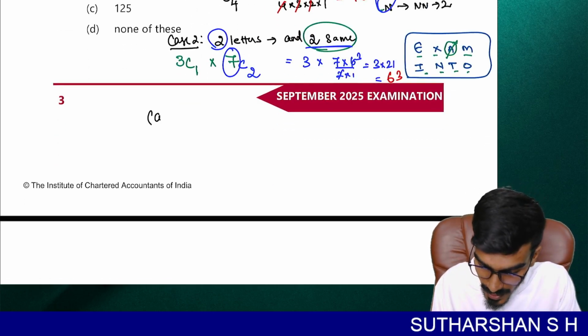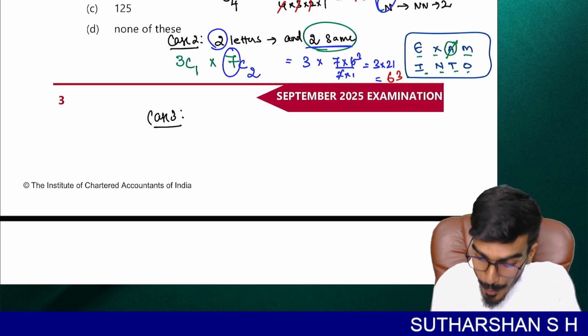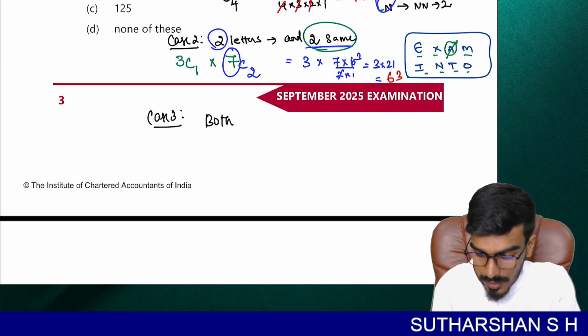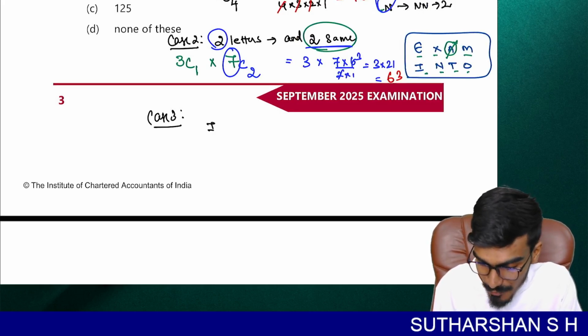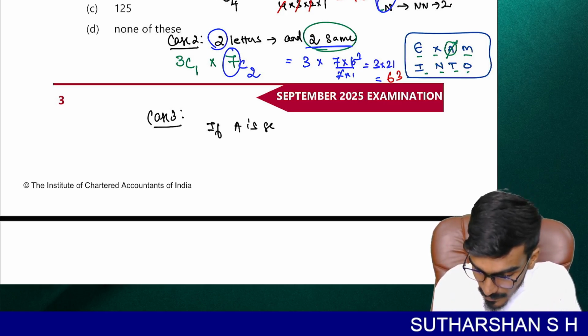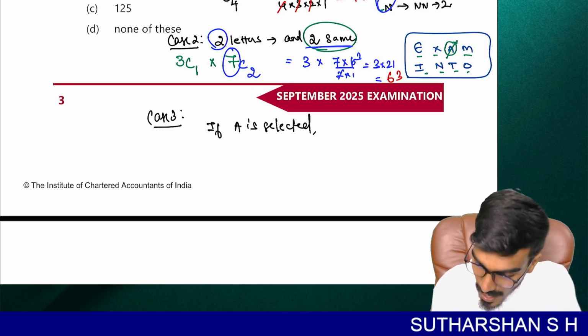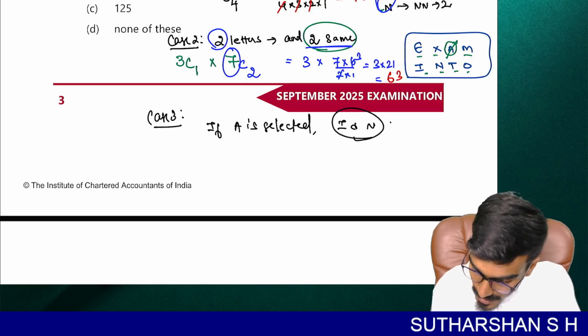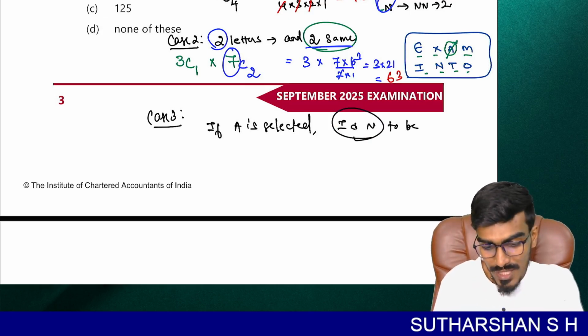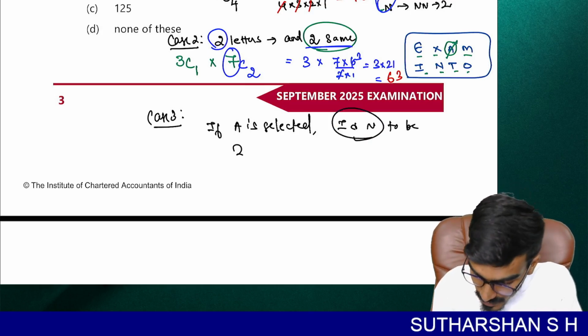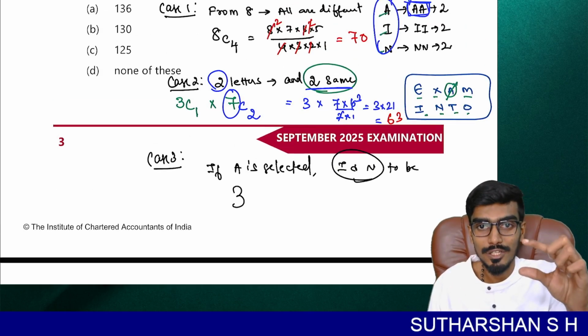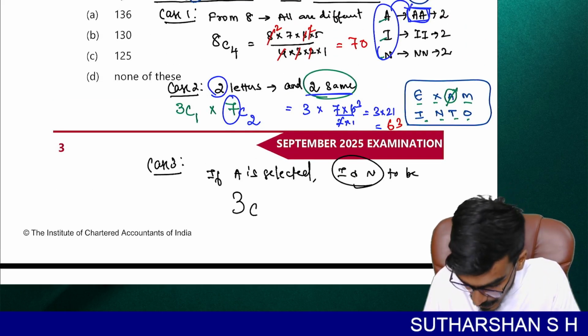And case 3, what is case 3? Both combos. For example, if A is selected, I and N are to be selected as the other 2. It is basically from a set of 3 letters, and I need to select 2.